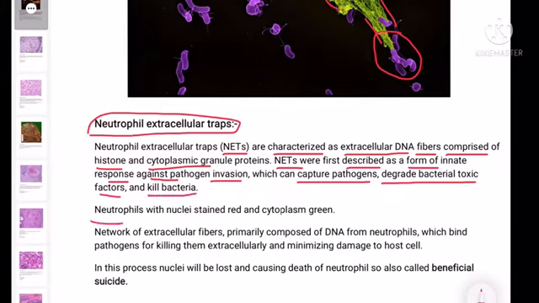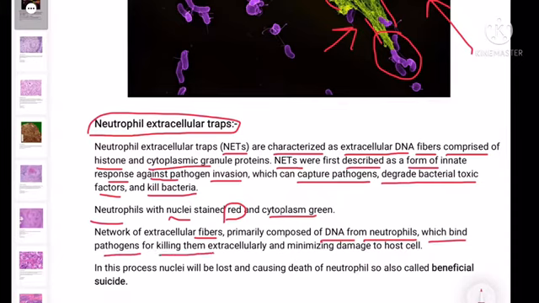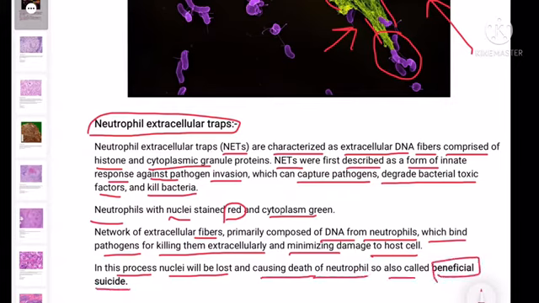The neutrophil with the nuclei stained red, as I showed here, and cytoplasm green. A network of extracellular fibers primarily composed of DNA from the neutrophil, which bind pathogens for killing them extracellularly and minimizing the damage to the host. In this process, the nuclei will be lost, causing death of the neutrophil, so-called beneficial suicide.